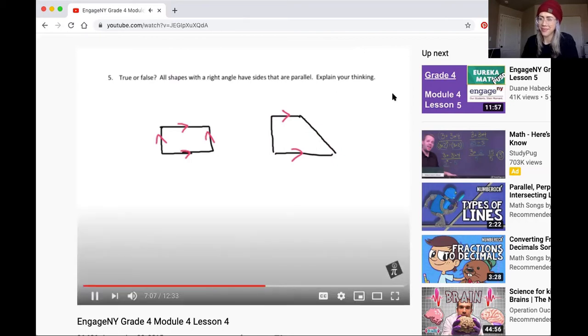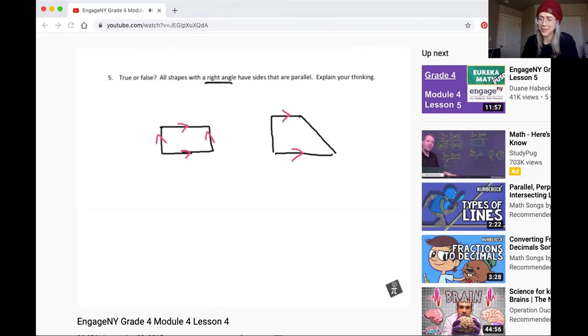Because so far, if it has a right angle, it seems like there's going to be some parallel lines as well. But I can think of, and teachers and parents, it'd be really cool if you gave your students plenty of exploration time to really think about this, to see if they can come up with an example of a figure that has a right angle and yet no parallel lines.